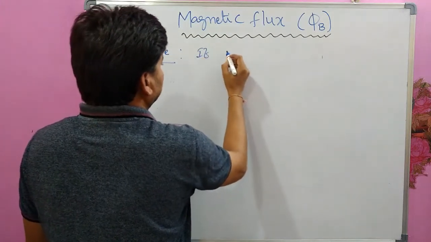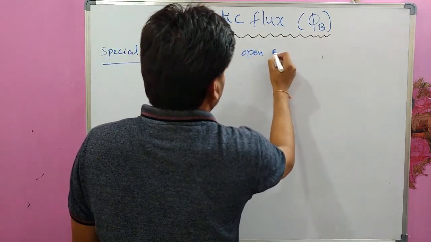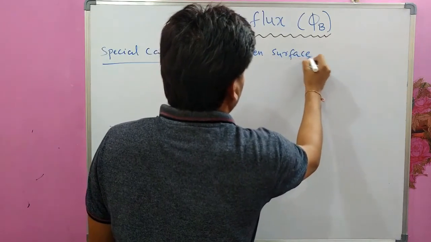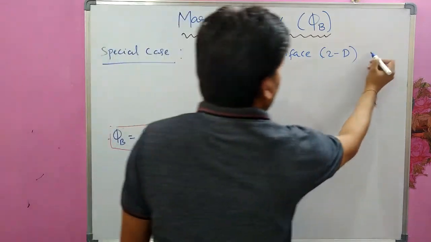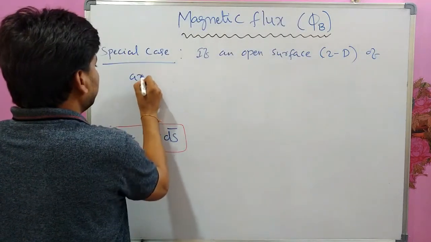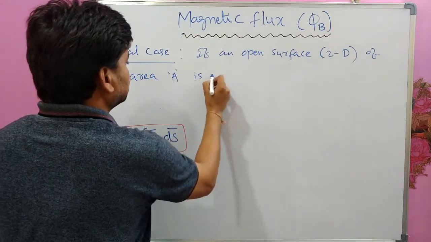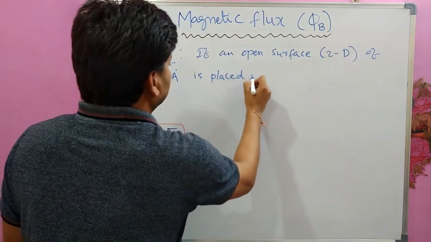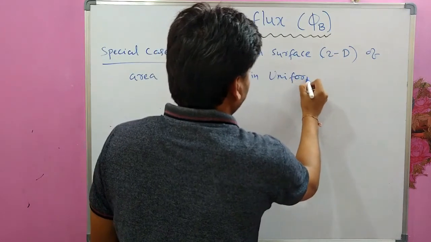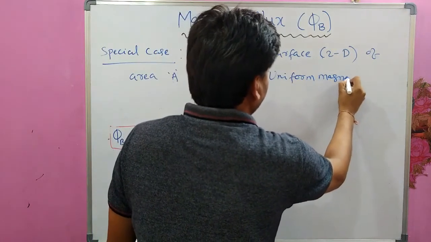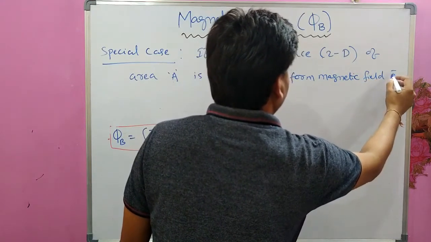If an open surface that is two-dimensional, of area A, is placed in a uniform magnetic field B bar.